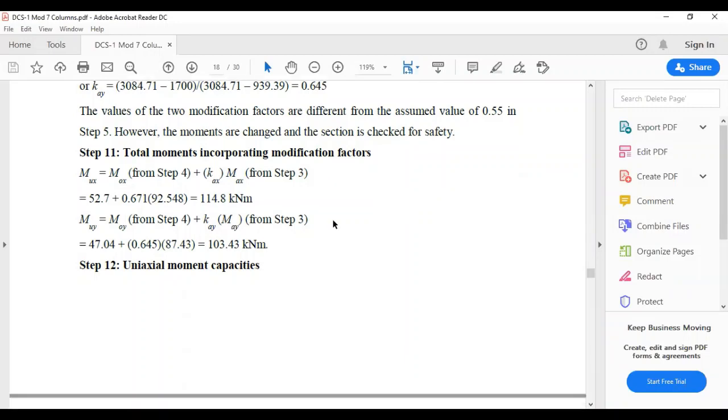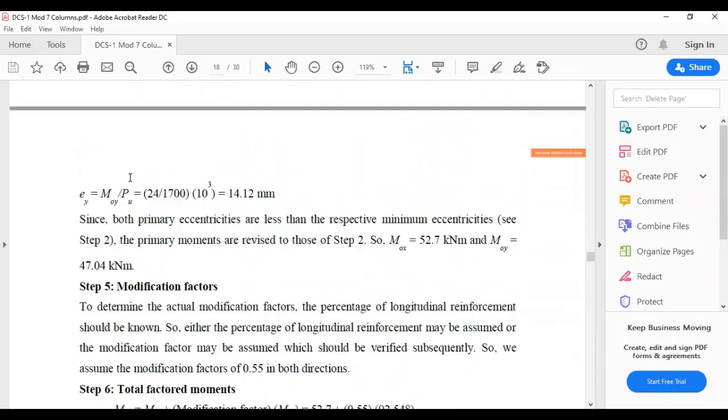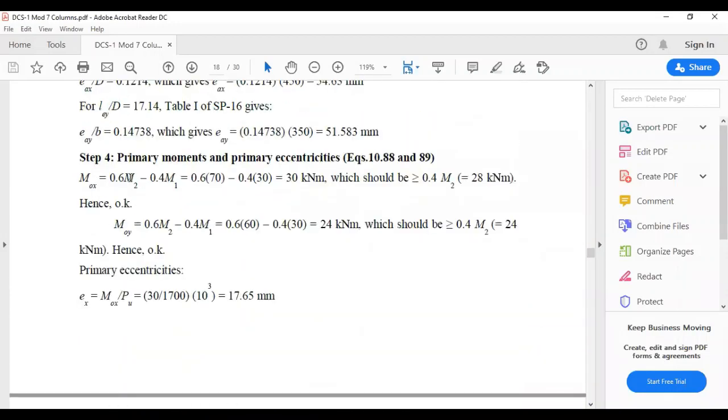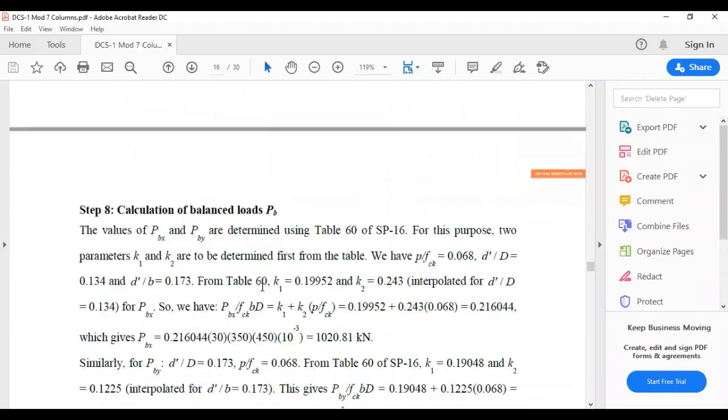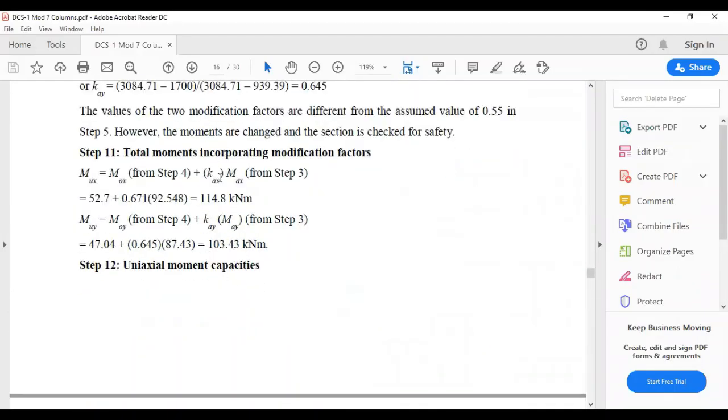So next step is to find total moments, incorporating modification factors. So MUX is equal to MOX from step 4, the value of MOX, this value, plus KAX into MAX, which we found from step 3.